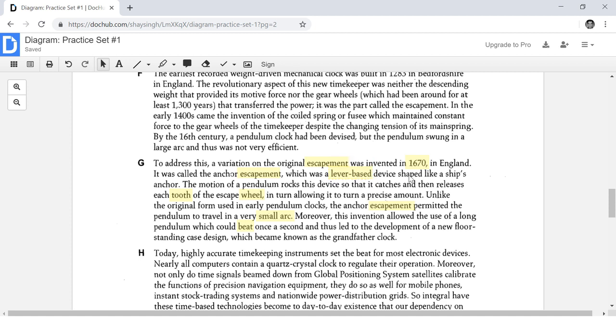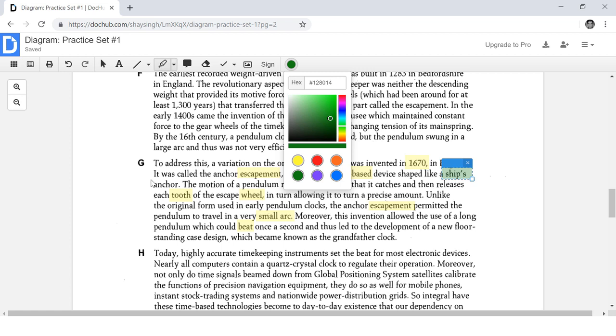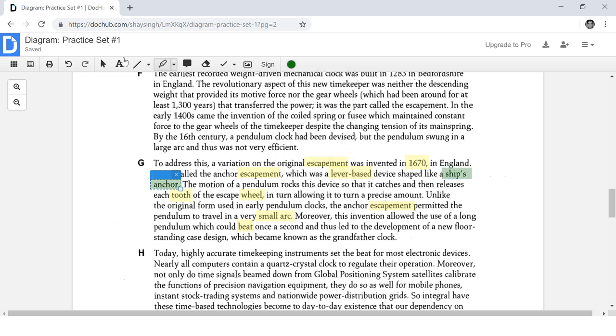So the lever-based device resembled what? What was it shaped like? Well, it says here, it was shaped like a ship's anchor. Ship's anchor. So that is going to be our correct answer for number 9. Ship's anchor. And since I have found my answer to number 9 here, I'm going to put number 9 right there.